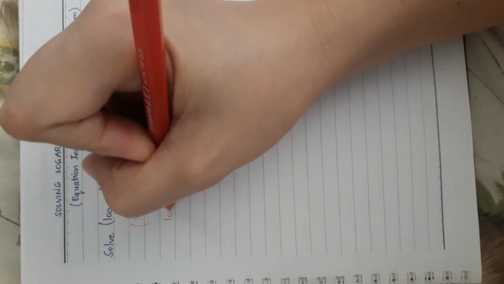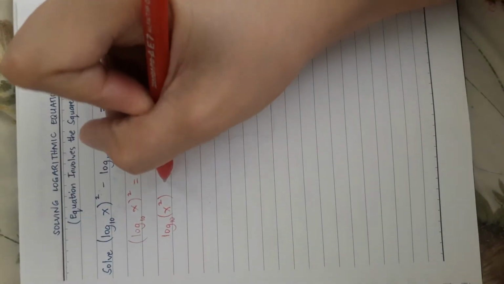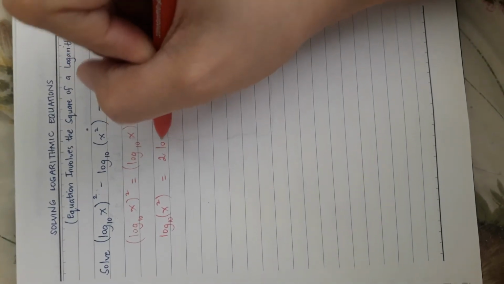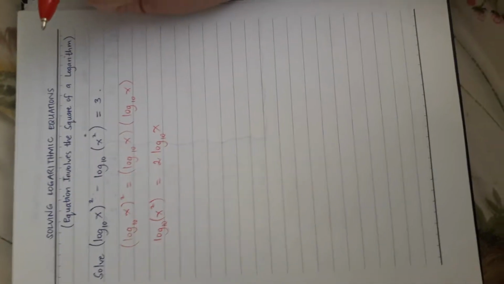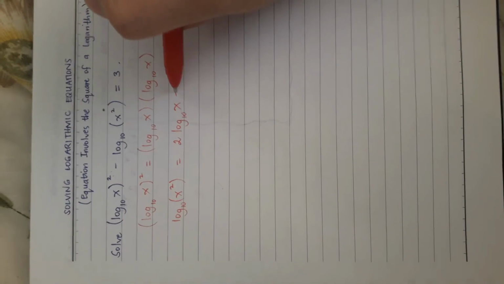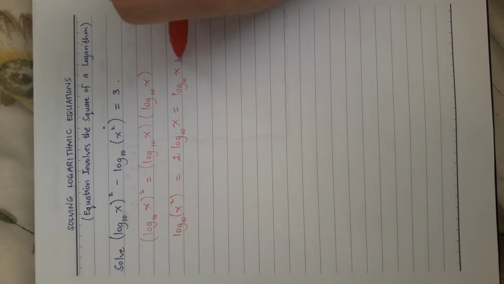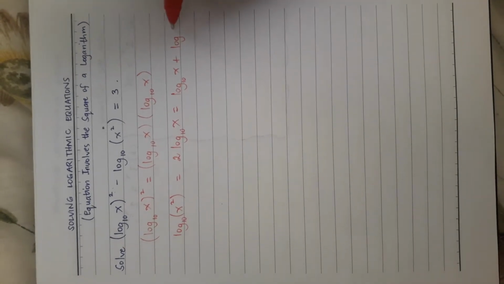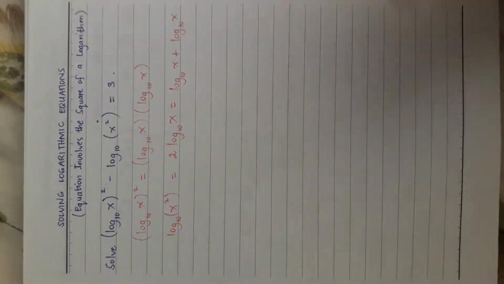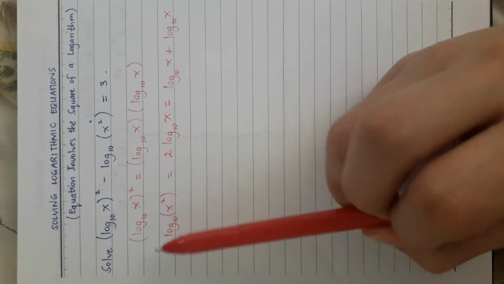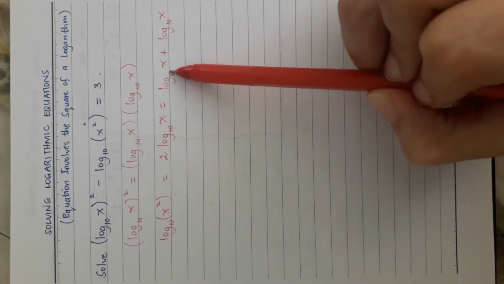While the other one, which is the logarithm of x squared to the base 10, can be written as 2 times the logarithm of x to the base 10 by power law. Which means we have 2 logarithm of x to the base 10, but instead of multiplying, we are adding them. So look closely at this. This means this, while this means this, addition.